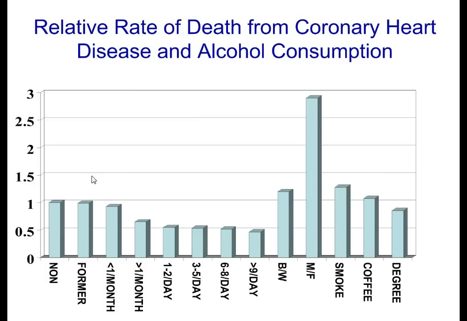Exactly. Absolutely exactly. That's because you're going to die of something else. Okay, now this actually came from a pro-alcohol website, which they didn't mention that fact. Absolutely right. You look at this and you should just head over to the chicken and spend your life there, and you'll live longer, right?